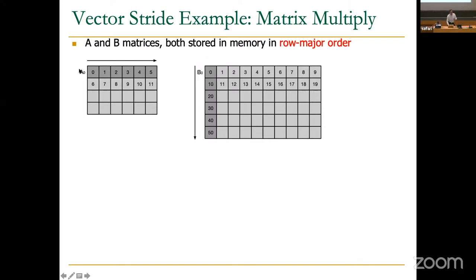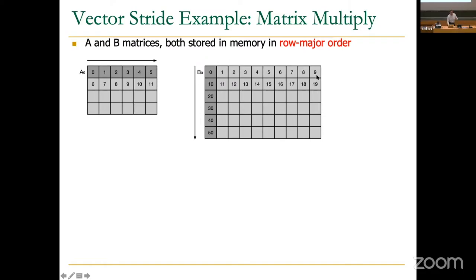So the first row of A, starting at A0, is stored in consecutive locations, as you can see. The first element is in location 0, the next element in location 1, the next element in location 2. These are offsets from the beginning of A, of course, right? And then the first element in the next row starts from offset 6, right? And if you look at matrix B, the first row is very similar.